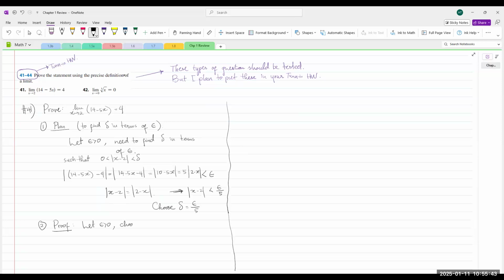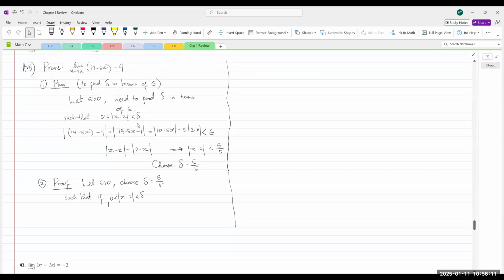We choose delta to be epsilon over 5, such that if the absolute value of x minus 2 is less than delta but still positive, which means x minus 2 is not 0, then the absolute value of 14 minus 5x minus 4 equals 10 minus 5x, which equals 5 times the absolute value of 2 minus x. That is less than 5 times delta.